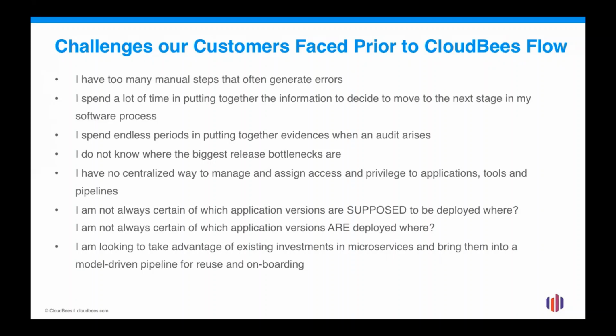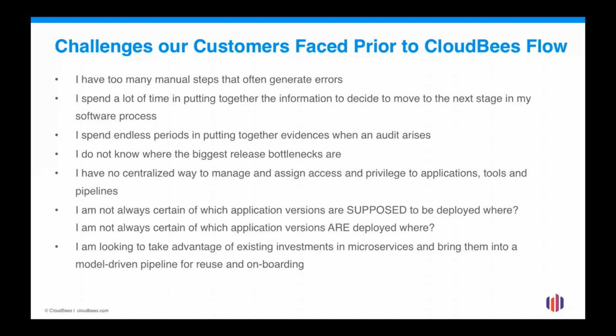Another quite popular one: I'm not always certain which applications are supposed to be deployed and where. I'm not able to tell with certainty what artifacts, what versions, what applications are currently running on my platforms, because I'm not sure of the deployment, I'm not sure of the last deployment, and I'm not sure of the different releases that are deploying on these platforms or environments.